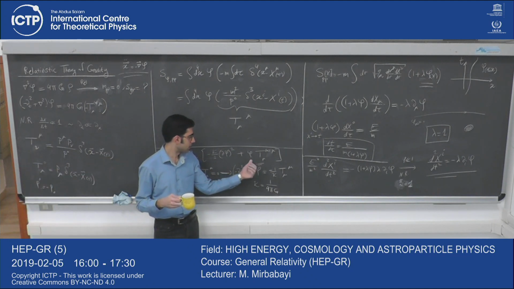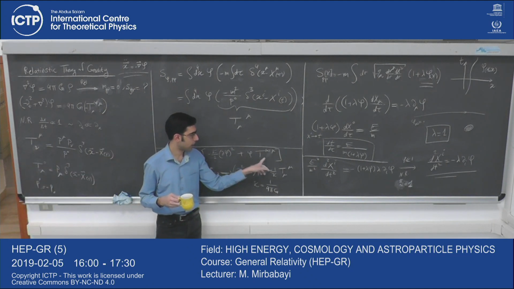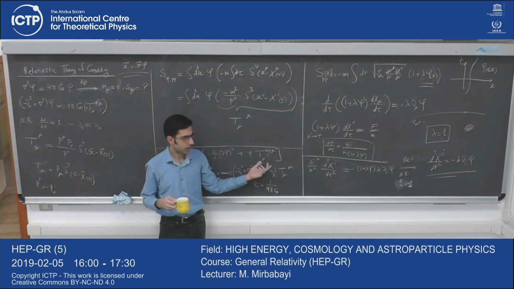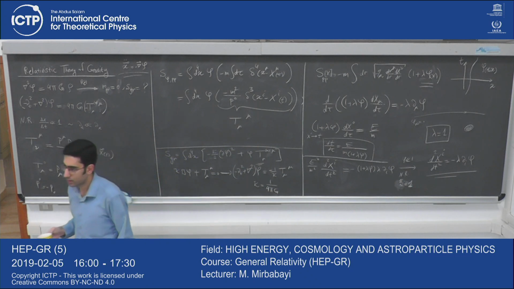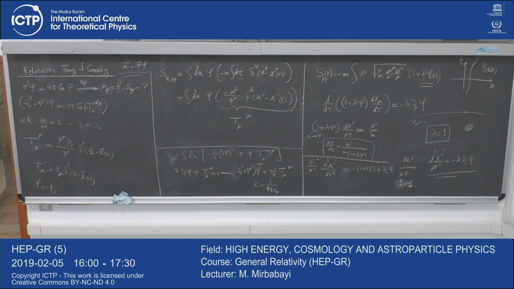This kind of coupling, when I couple some field phi to the stress energy tensor of everything, is usually called a universal coupling. And of course the reason why we write it is because we know that gravity is universal.